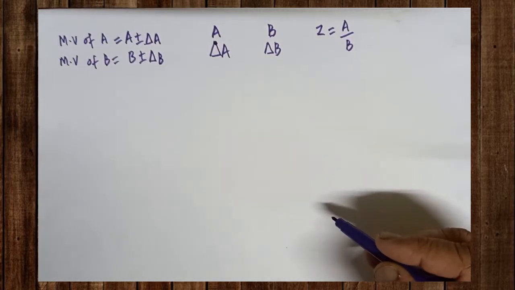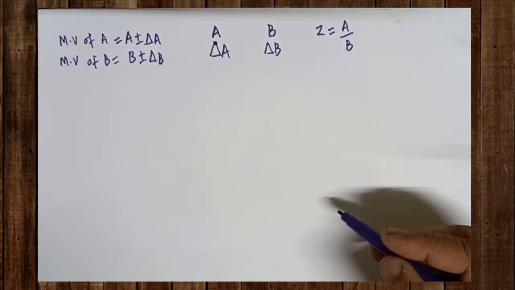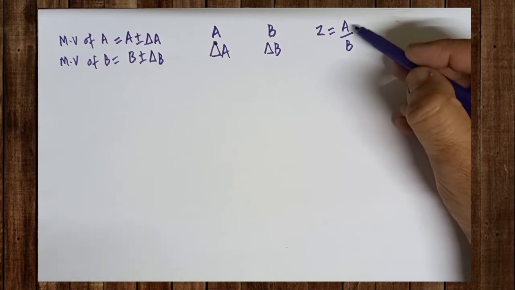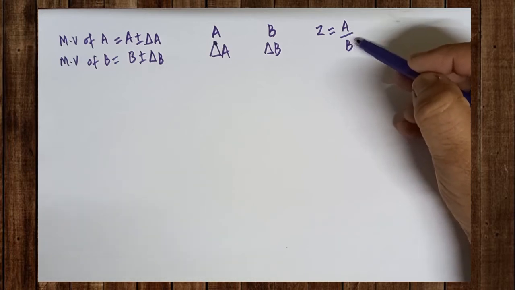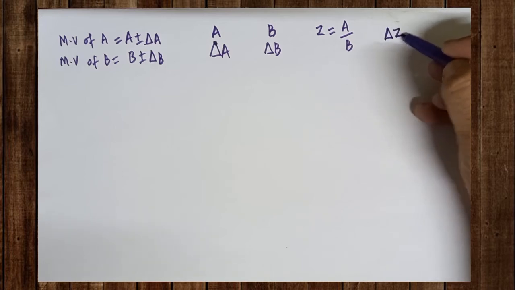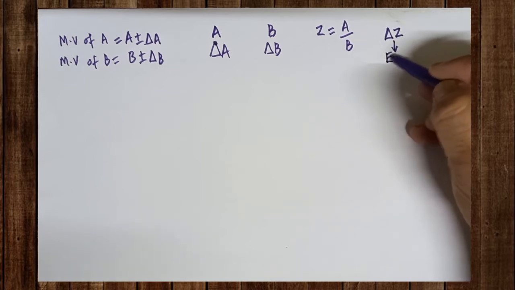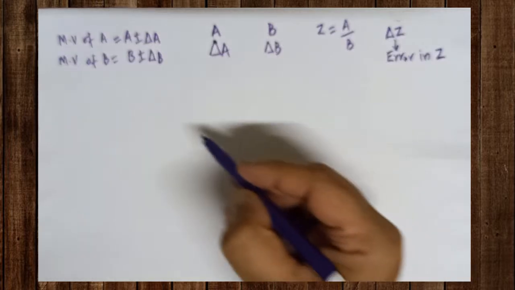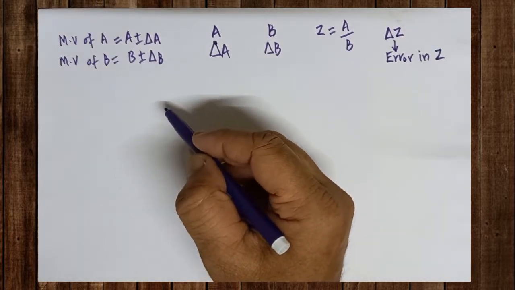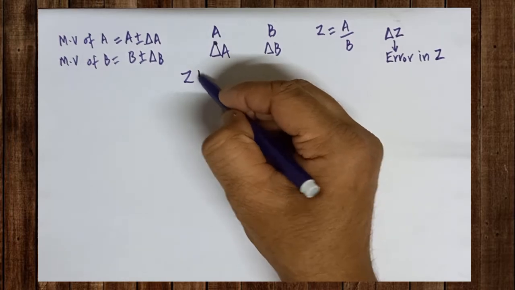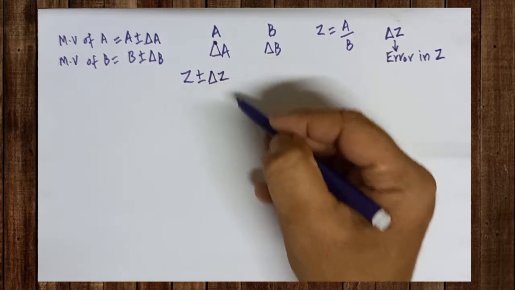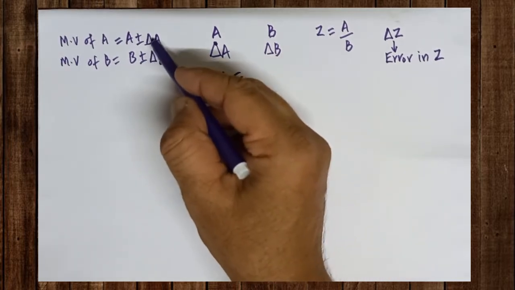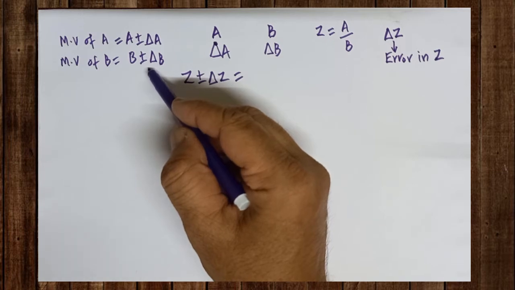Now we have to find the error, that is del Z in Z. While doing the division calculation, when one factor is divided by another, some error is found. That error is called del Z. The error found in Z can be written as Z plus or minus del Z. Here, the measured value of A is to be divided by the measured value of B, because it is division.